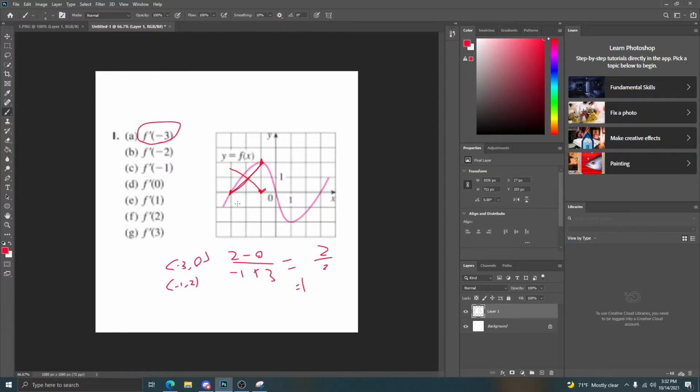And with that information, it just wants us to approximate the answer. We don't need a foolproof answer. But with that information, we know that the slope at -3 is gonna be about 1.5, which I'm just judging based off of the graph that I drew here.